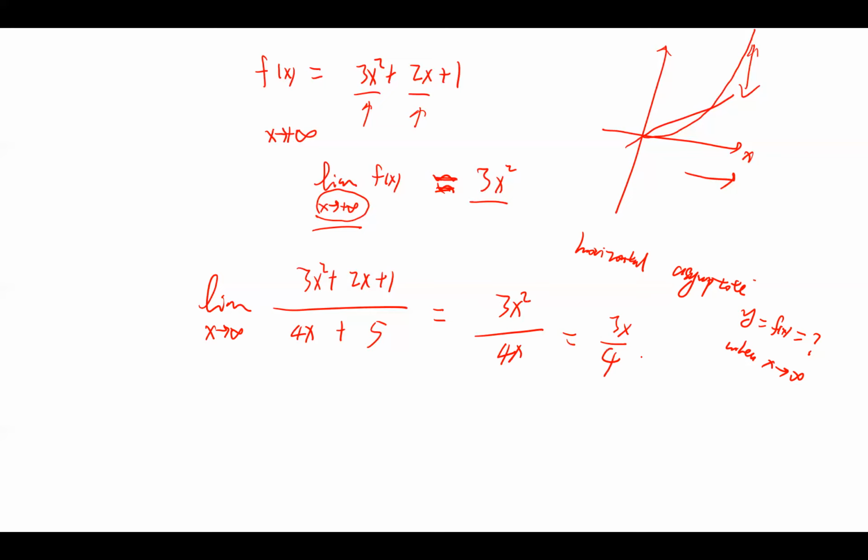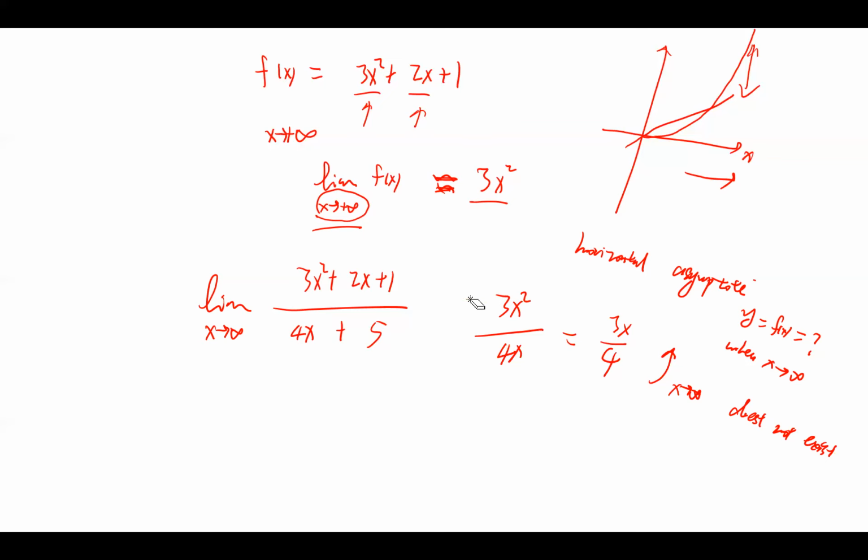In this case, the limit itself keeps increasing as x goes to infinity. That means I do not have a constant horizontal asymptote. This horizontal asymptote does not exist. So that's the second case.